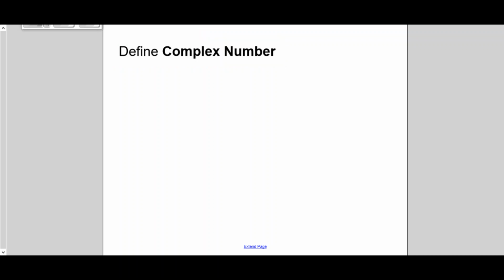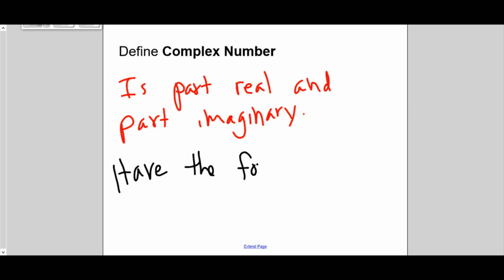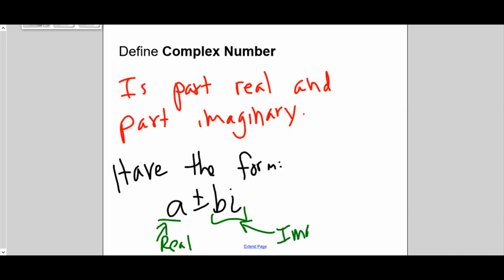So a complex number is part real and part imaginary. Complex numbers have the form a plus or minus bi, where the a is the real part and this bi is the imaginary part.